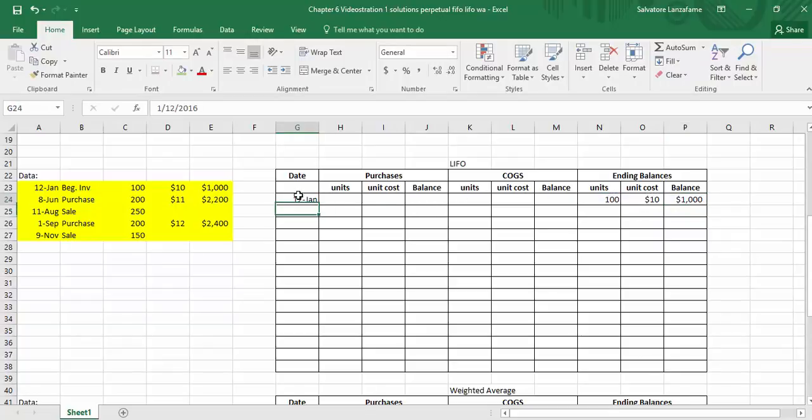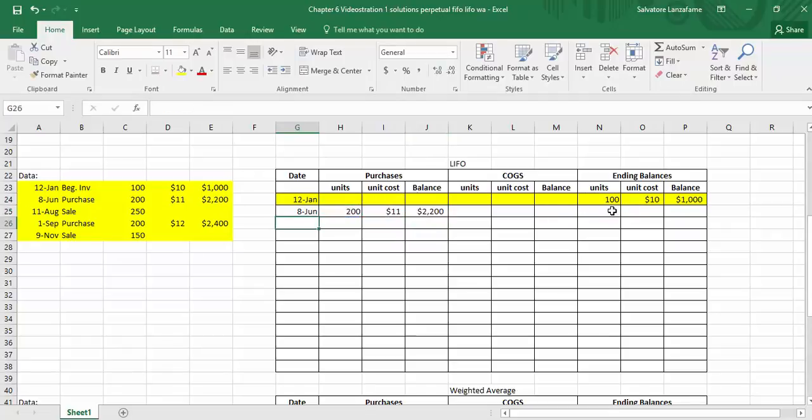And let me color code that in yellow. The next thing, June 8th, we bought 200 at $11. And these cost us $2,200 to acquire.